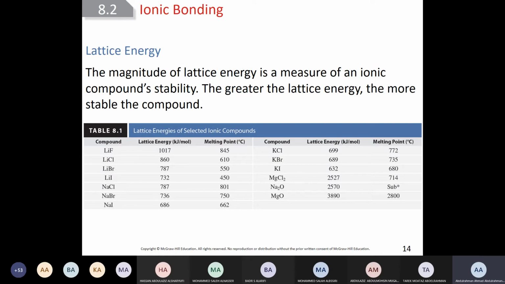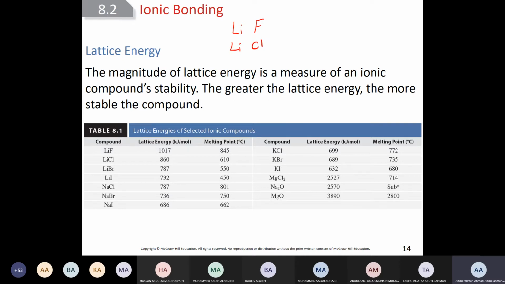You can look at this list. Do you remember? Look at the numbers. Don't memorize any number. Don't even just read the numbers, I want you to compare the numbers. Look at lithium fluoride and lithium chloride.